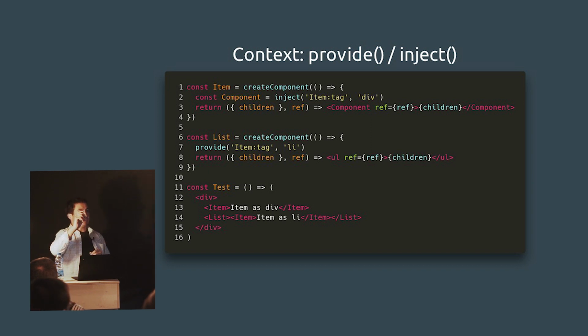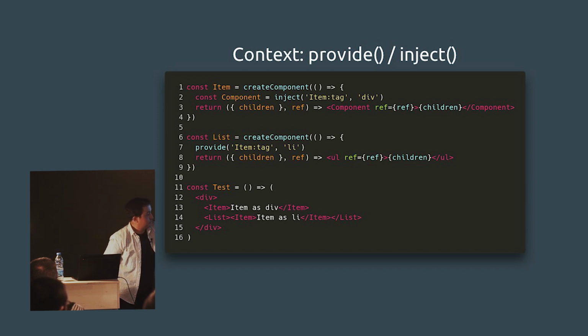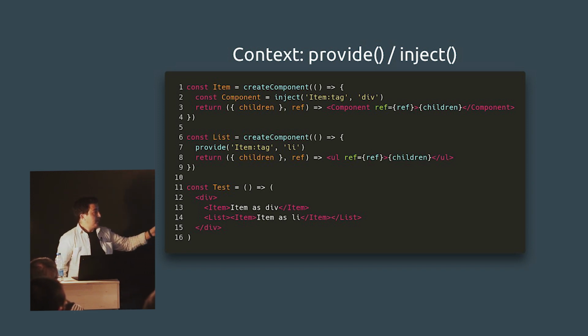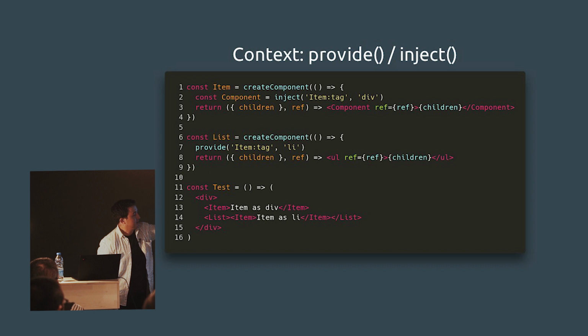You do React.createContext, and then you receive that context, and then you use that context and wrap. Here you have to wrap this with the context provider to be able to access that context. Here you can just say, okay, I want to provide this context here with this value.